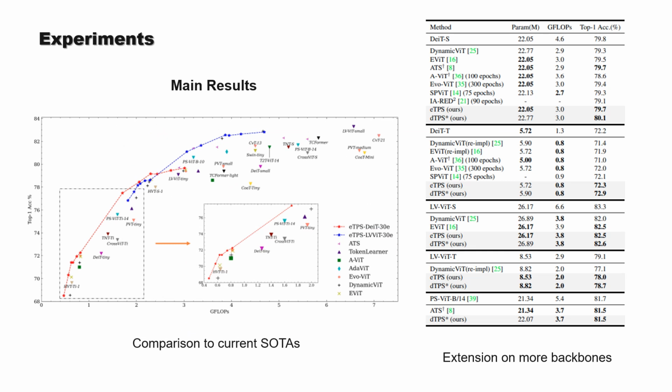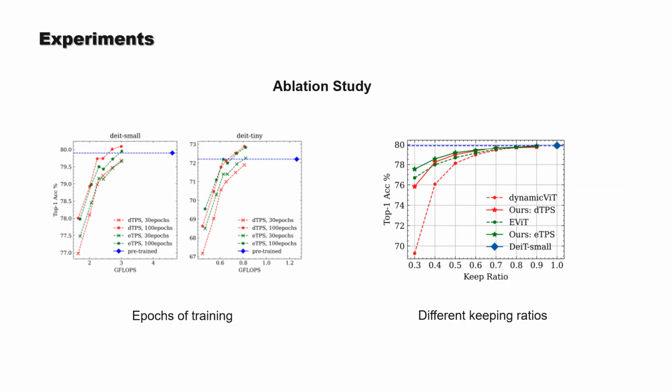We also compare the efficiency of our methods with other state-of-the-art vision transformers and other token pruning technologies from the perspective of accuracy and computation trade-off here. We also find our method can benefit from longer training epochs and even surpass the pre-trained models. In our ablation study, we show some different choices in the matching and fusing step.